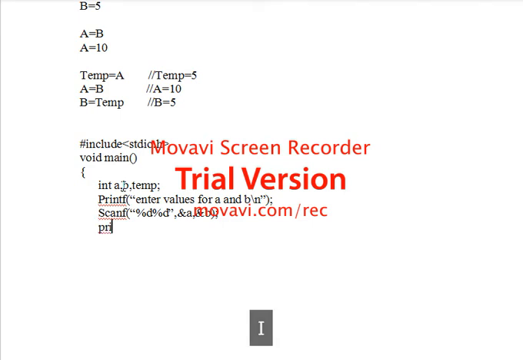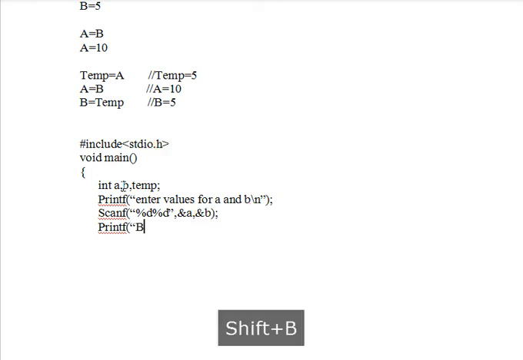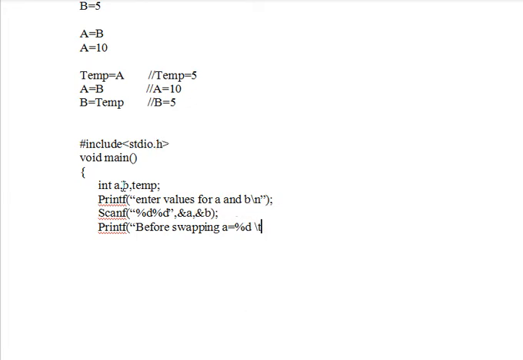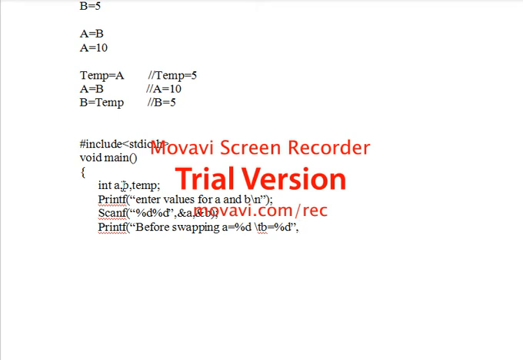To do that, we can write printf "before swapping A is equal to %d", we can give a tab space here, slash t, then "B is equal to %d", comma, and the A and B values.